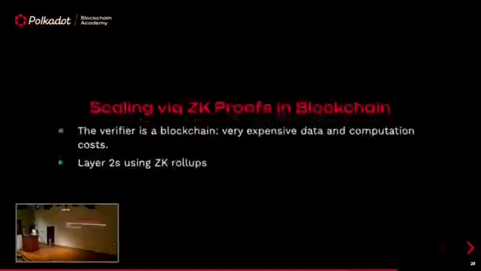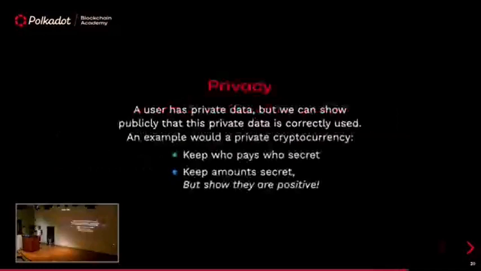Okay, so we went over how we use them for scaling in blockchain. So for privacy, with ZK proofs, a user can have private data, but we can show publicly that the private data was used correctly without revealing that private data. An example is a private cryptocurrency.